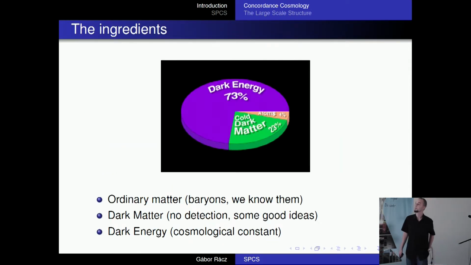So the standard model says that nearly 4% of the density of the universe comes from atoms, or baryonic matter. 23% is dark matter, and the rest is dark energy.